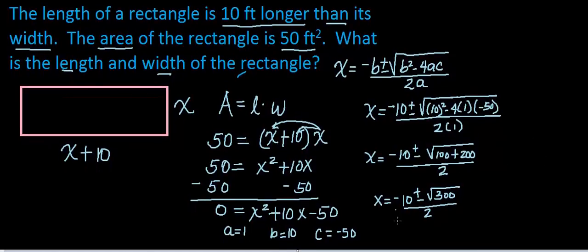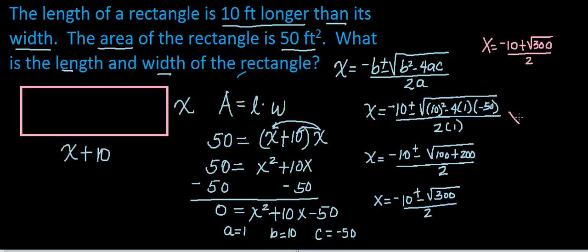Be careful, remember that we have two values for x here. One of my x values is going to say x equals -10 plus the square root of 300, everything divided by 2.